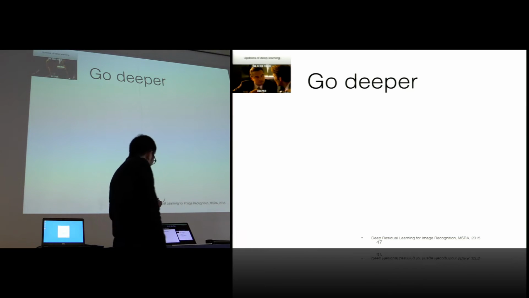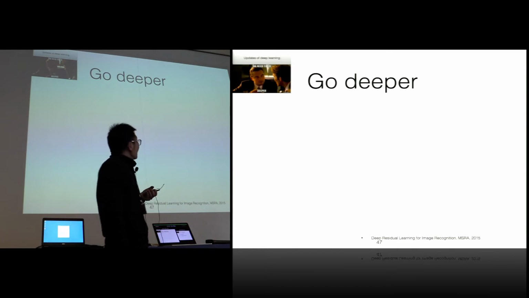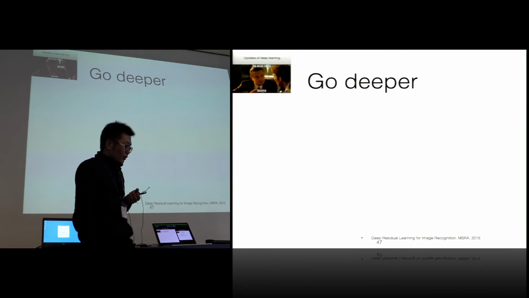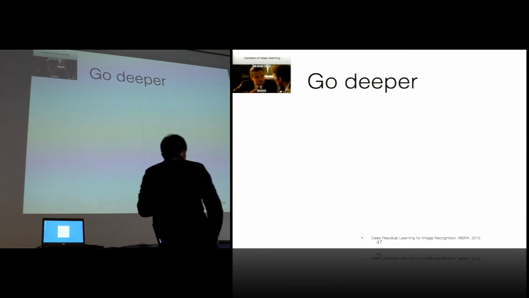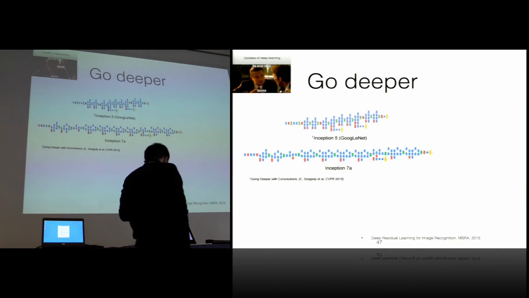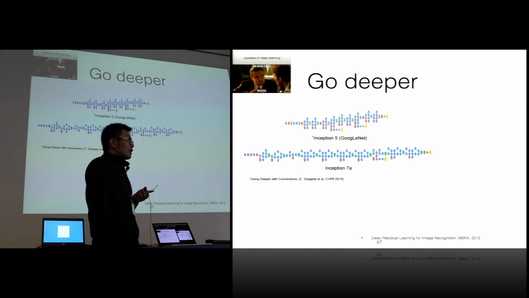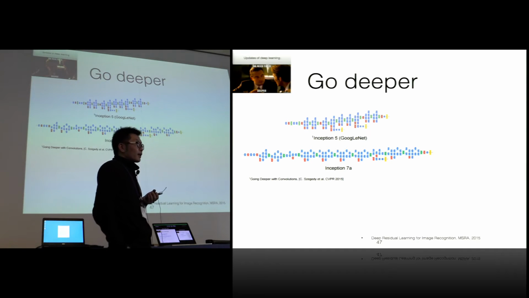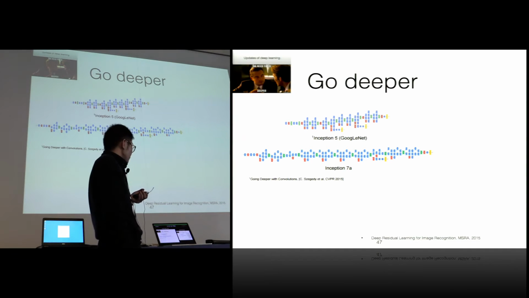So next, I'm going to talk about recent updates of deep learning. There are a few trends. One is the network is going deeper. Remember the ImageNet competition. Initially, in 2012, they had like 10 or 20 layers or less.